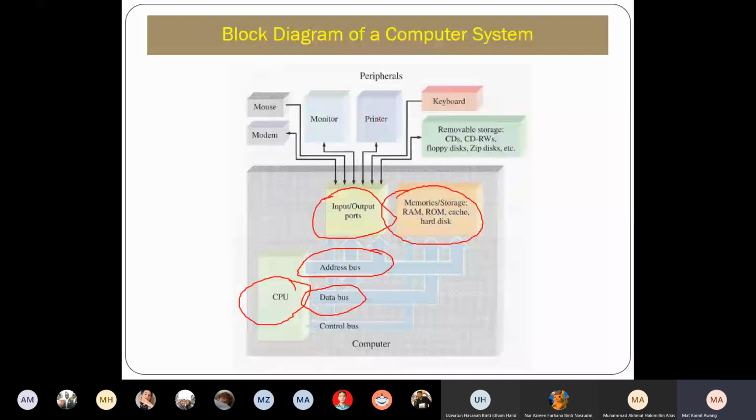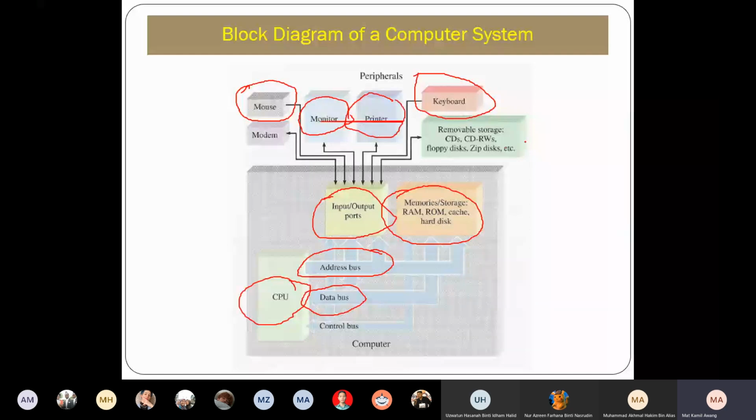We have the input, basically from the keyboard, and the mouse as input. Then you have the monitor as the output, basically to display, and the printer as the output to print what you have.